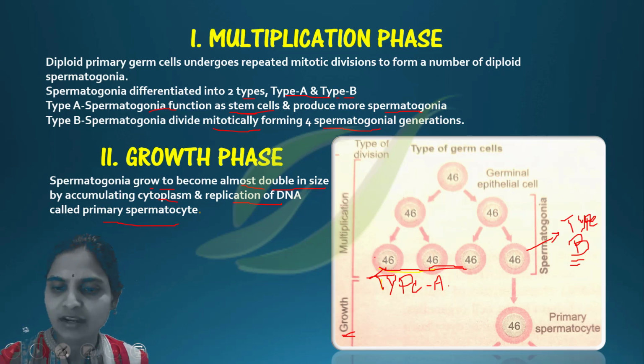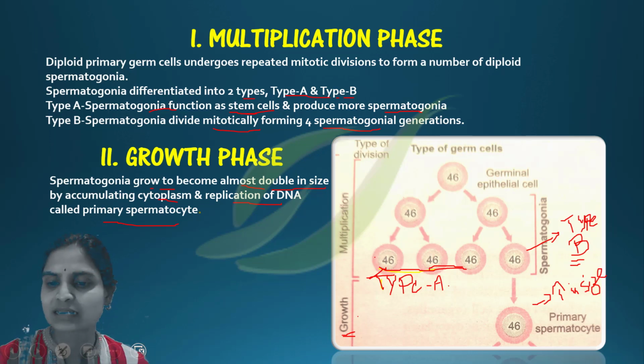So in the growth phase, the spermatogonia has increased in size, and this is called a primary spermatocyte.